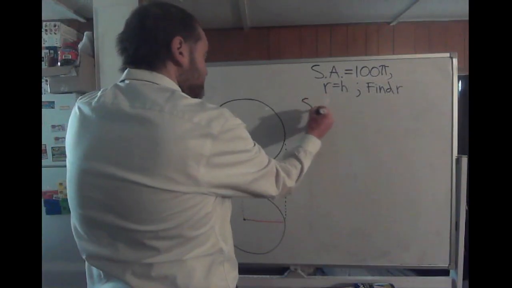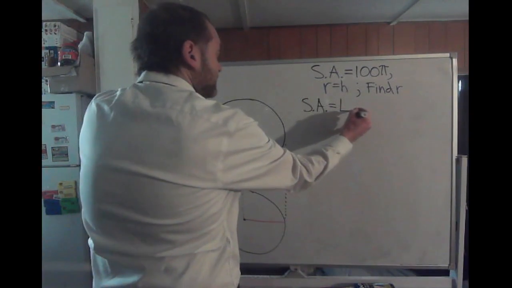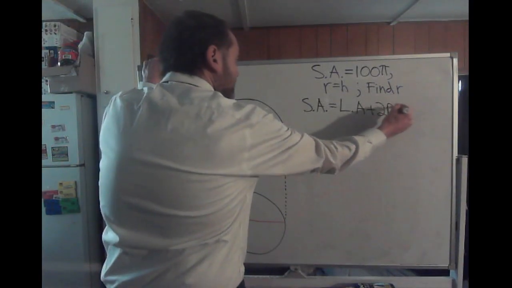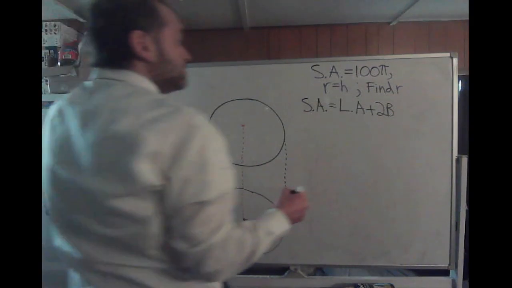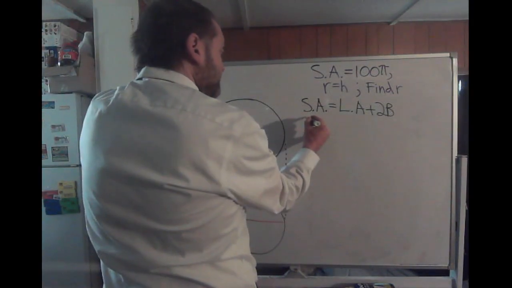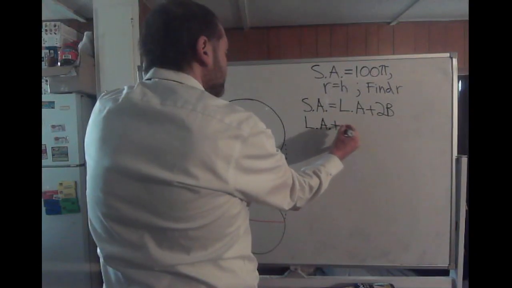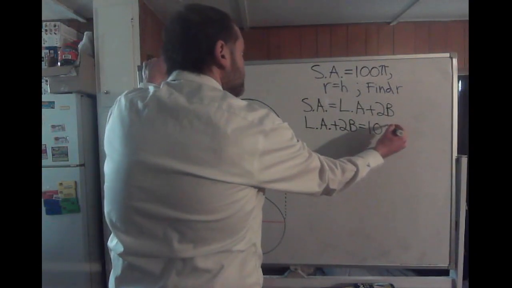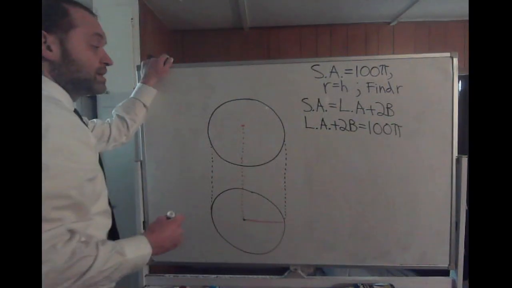Well, the surface area, of course, equals ultimately the lateral area plus twice the area of a base, right? Okay, so in this case, you'll take that formula for the surface area, which will be the lateral area plus 2 times the area of a base, set that equal to 100 pi, since that's what the surface area is.